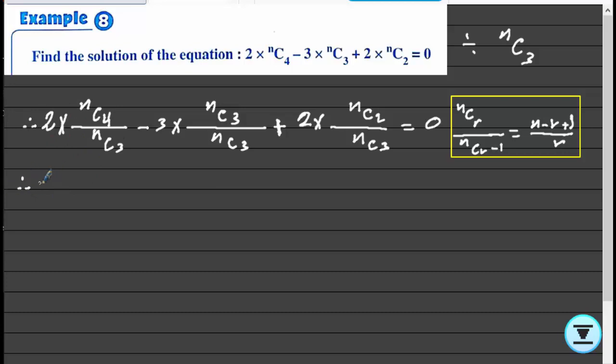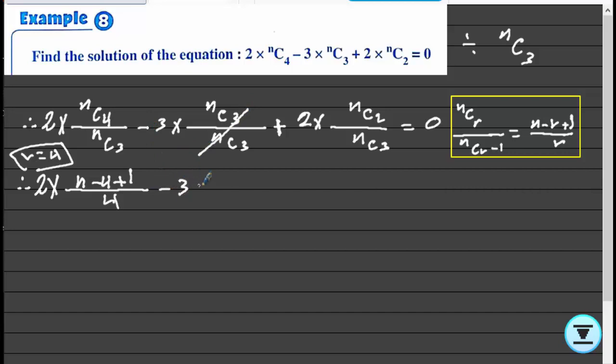So 2 multiply nCr over nC3. Here we have r equals 4. Okay, the greatest number between 4 and 3 is 4. So it is equal n minus 4 plus 1 over 4, as r equals 4 in this part. Okay, here nC3 divide nC3 equals 1.